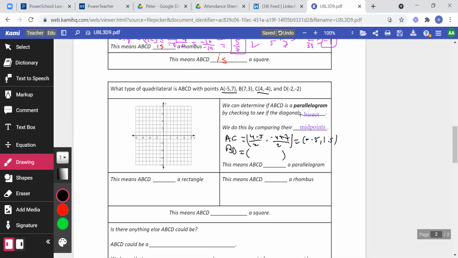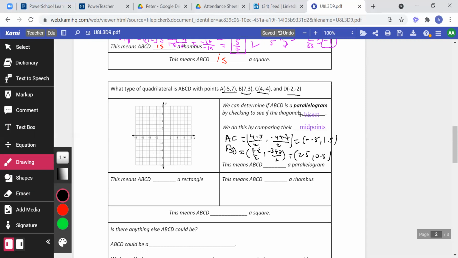BD, this is going to be 7 minus 2 over 2, that's 5 over 2. And then the other side, minus 2 plus 3 over 2, that's 1 over 2. So the outcome here is 2.5, comma 0.5.